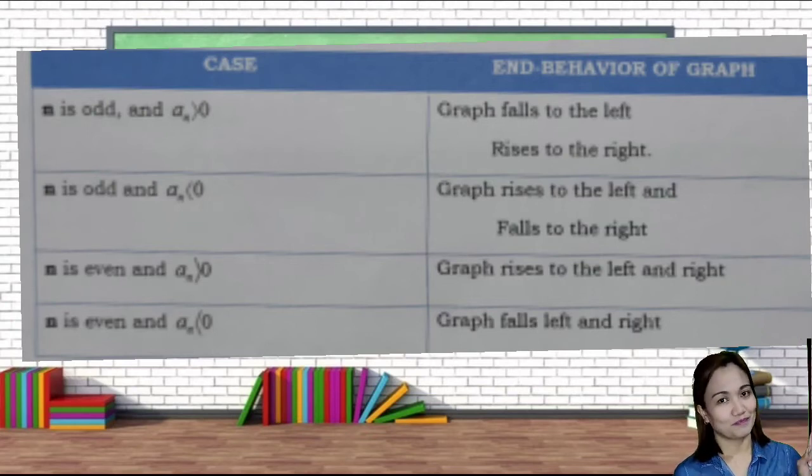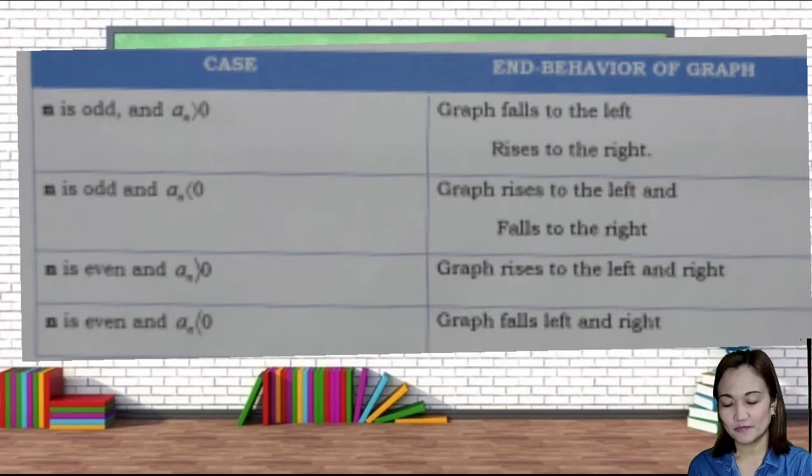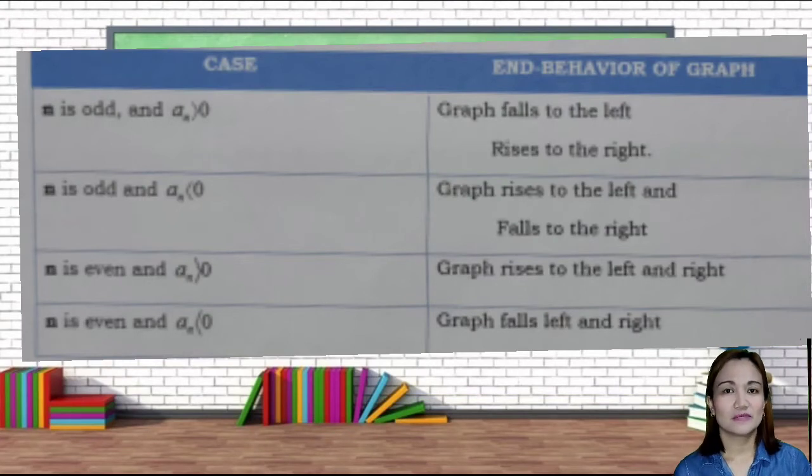Case 1. Pa-flash sa screen. If n is odd, okay, so if n is odd, sabihin 1, 3, 5, 7, 9, 11, and so forth and so on. And the leading coefficient is greater than 0.